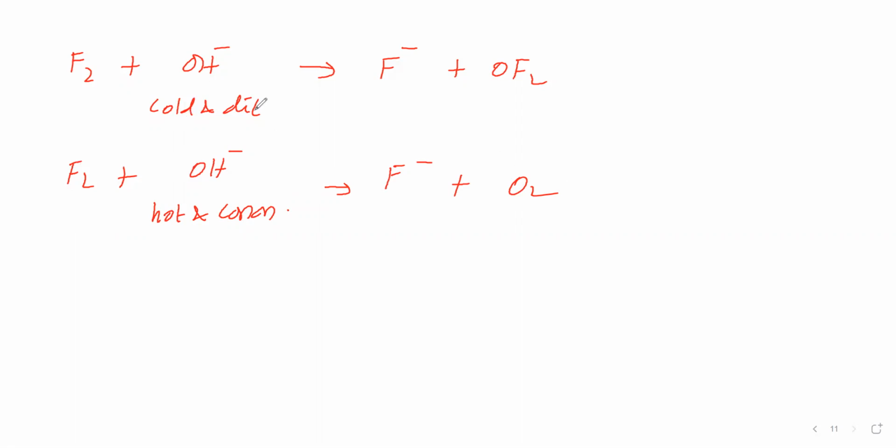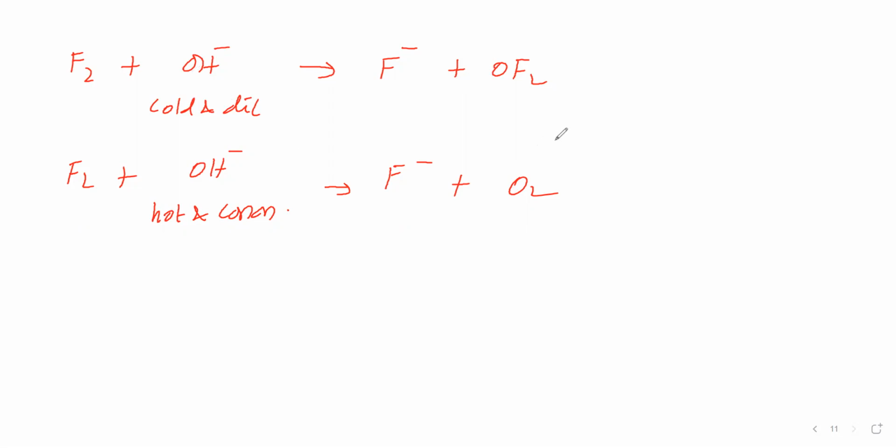So with cold and dilute alkali we get OF2; with hot and concentrated alkali we get O2, and F2 is converting into F minus. F2 is undergoing reduction, and oxygen is undergoing oxidation. In this case oxygen is converting to +2, here oxygen is converting to 0 oxidation number.